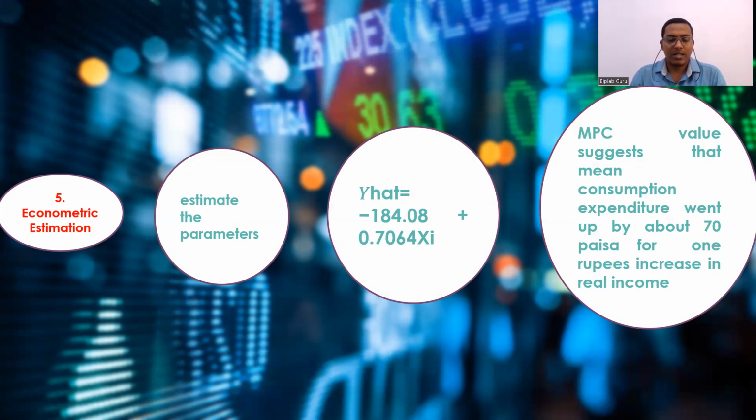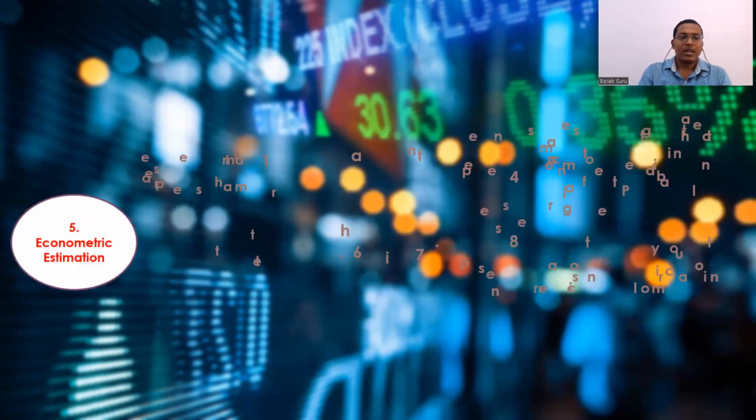If the real income increases by a rupee, then the consumption expenditure out of that incremental rupee increases by close to 70 paise. So if you express it in percentage terms, a 100% increase in income leads to a 70% hike in mean consumption expenditure.